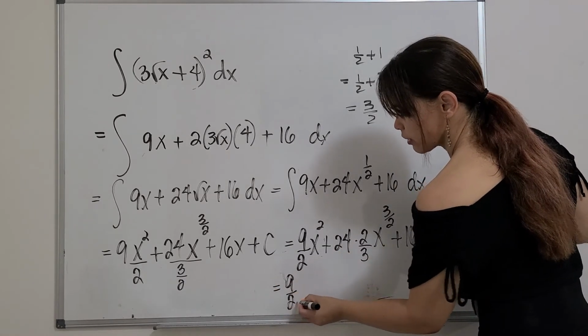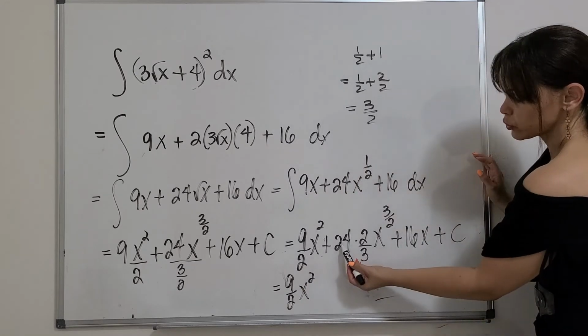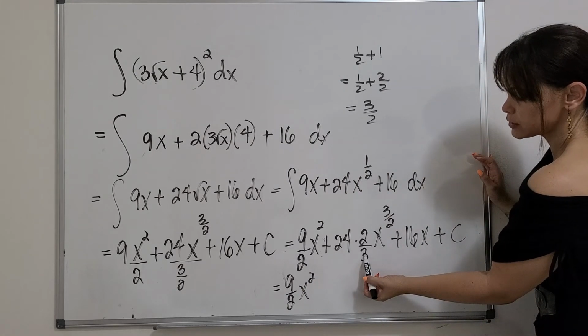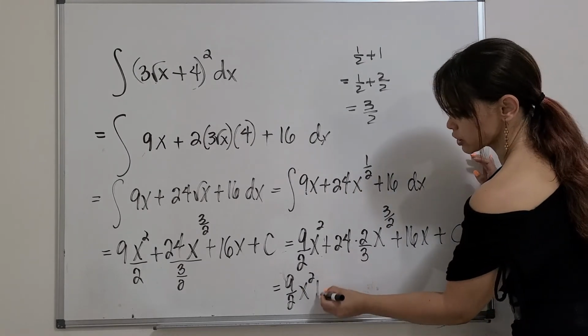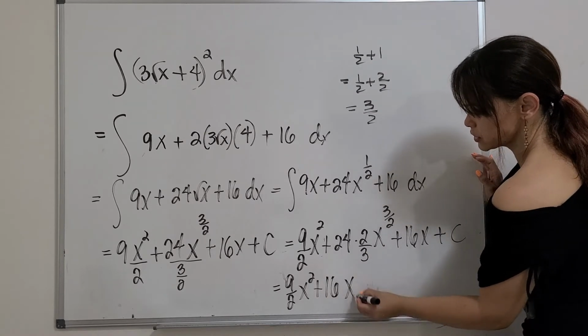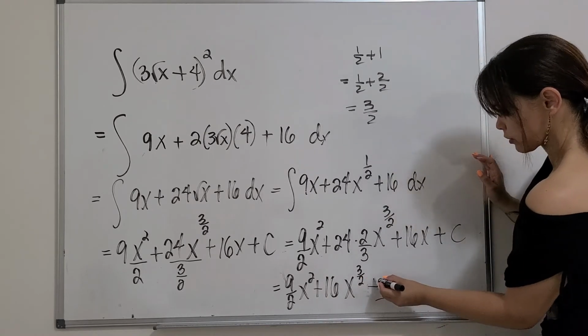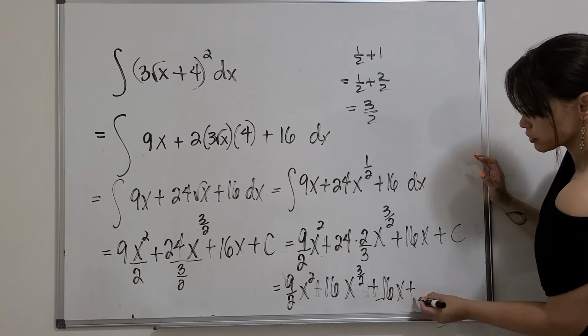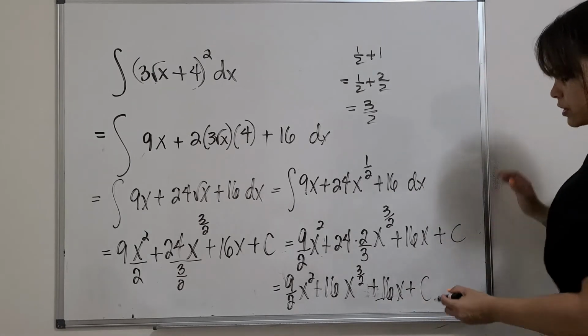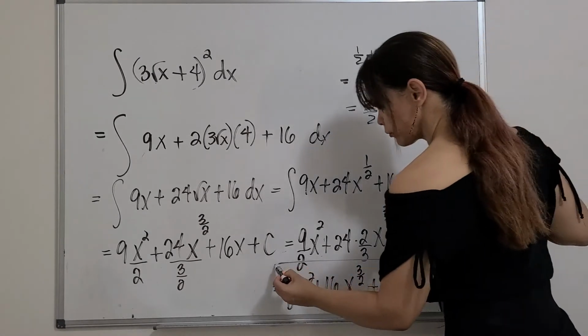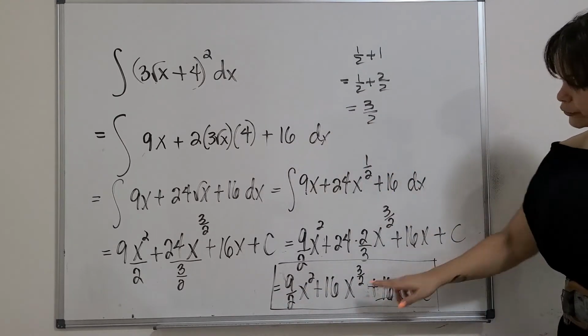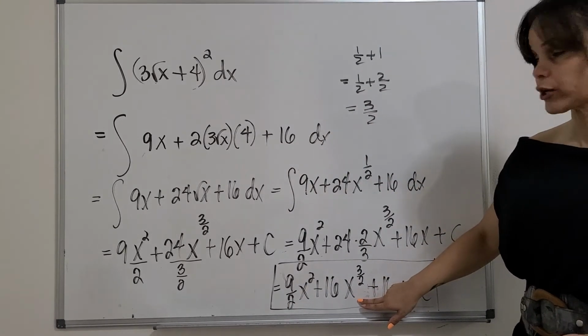So this is 9/2 x squared. So 24 divided by 3 is 8 times 2, which is going to be 16, 16x to the 3/2, plus 16x, plus c.